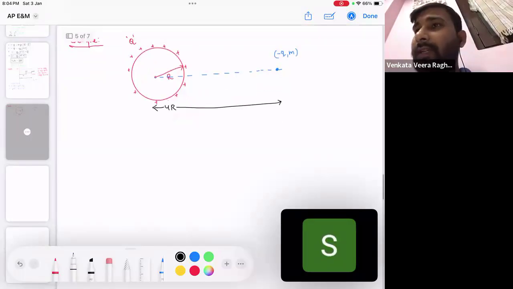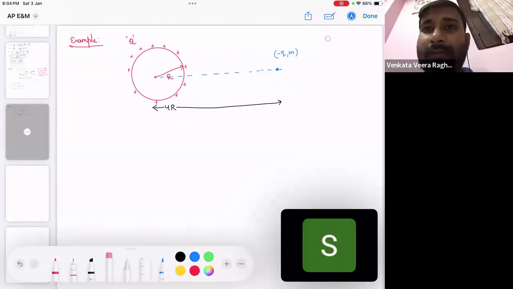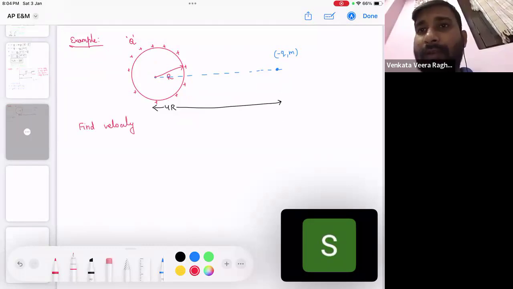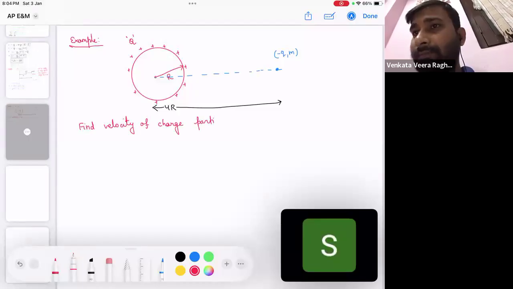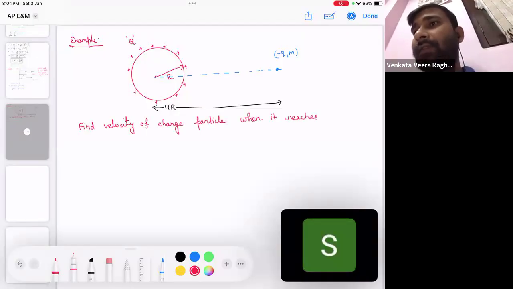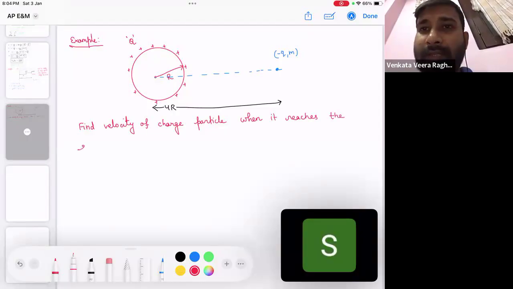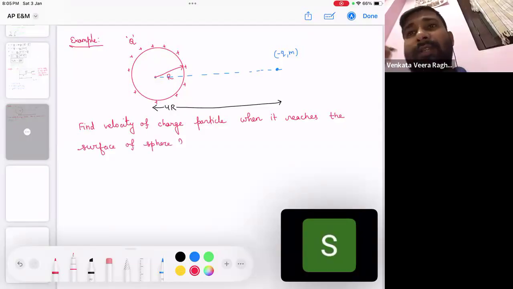So we have to find the velocity of the charged particle when it reaches the surface of the sphere.